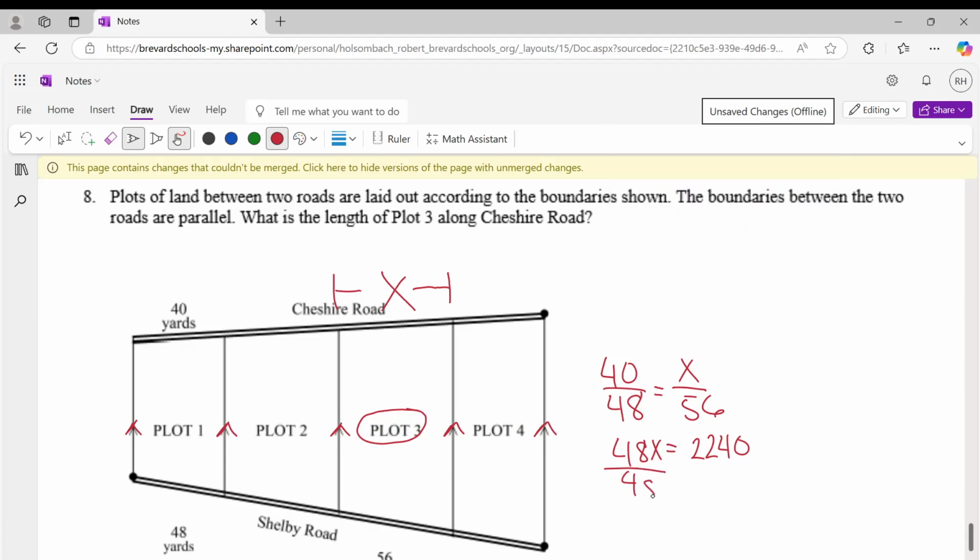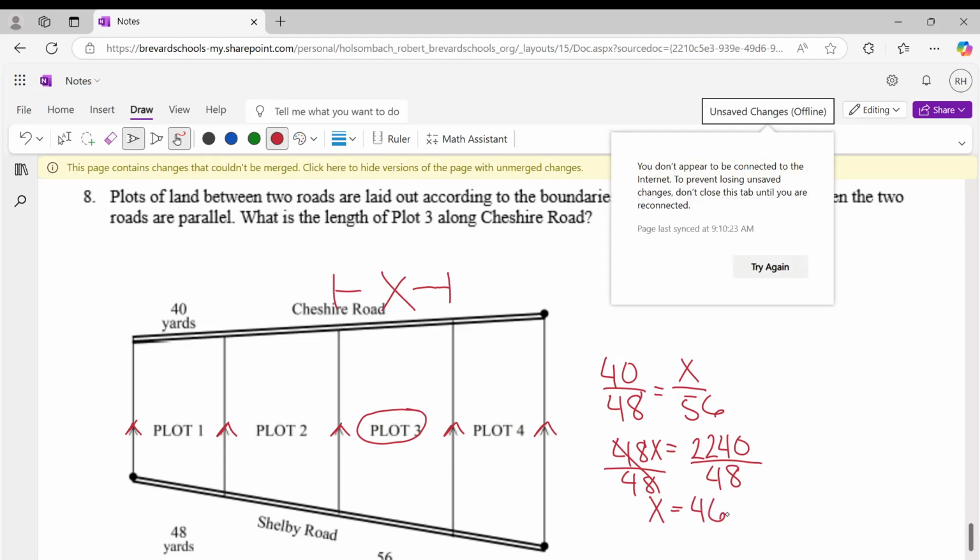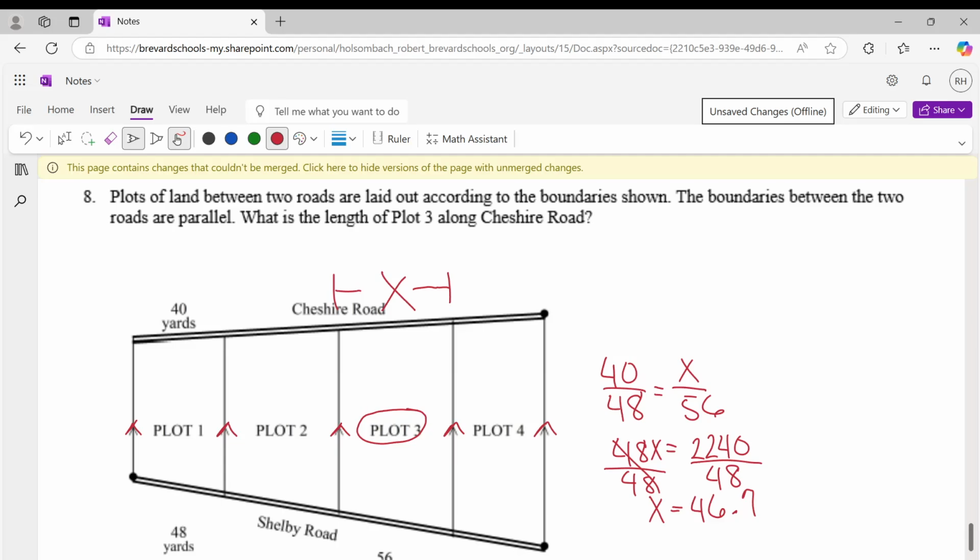Divide each side by 48. And we get an x that's equal to 46.67, so 46.7. Maybe I did something wrong there. 40 times 56, 2240, divided by 48. Yep.